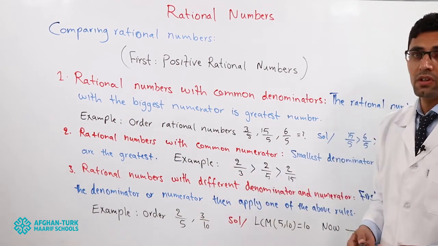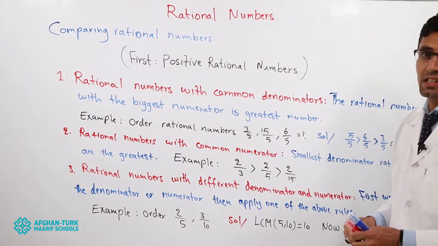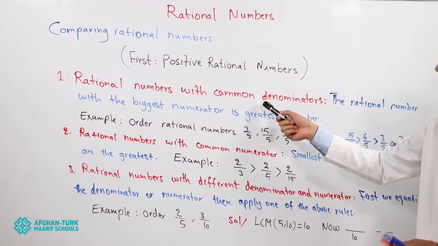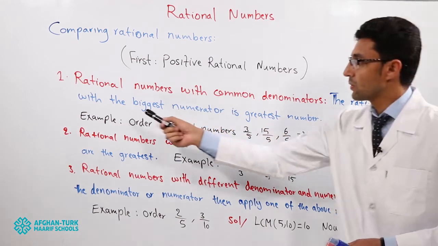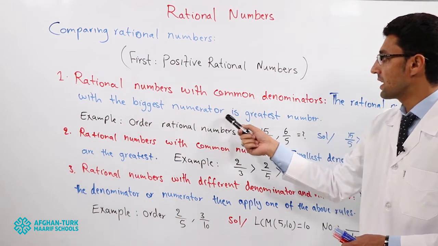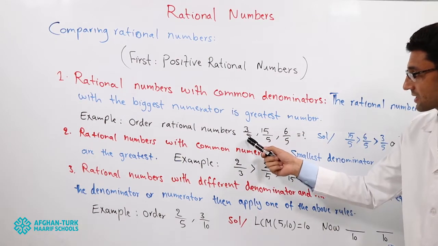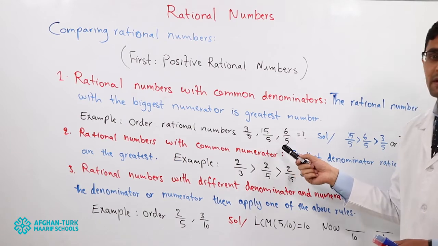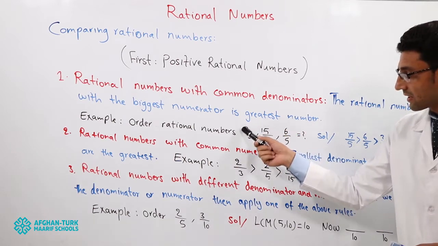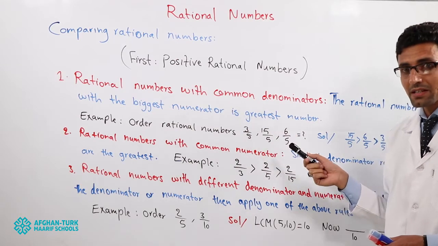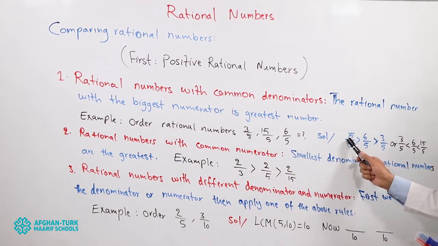Okay, how to arrange these positive rational numbers? If denominators are equal, the rational number with the biggest numerator is the greatest number. In here you see that denominators are equal. So which one is the biggest from these 3? Yes, 15 is the biggest.